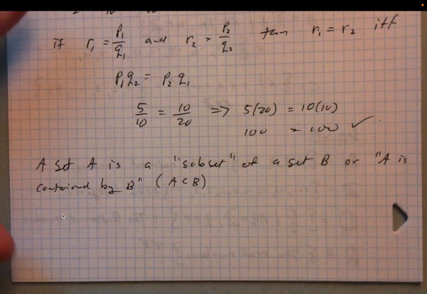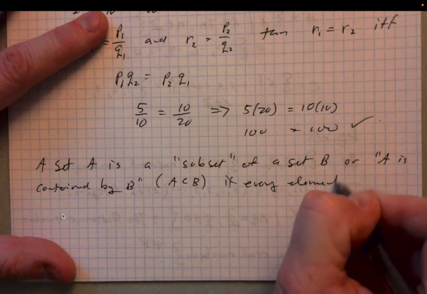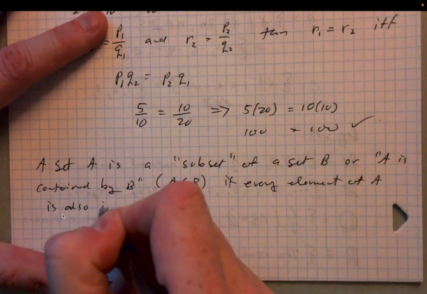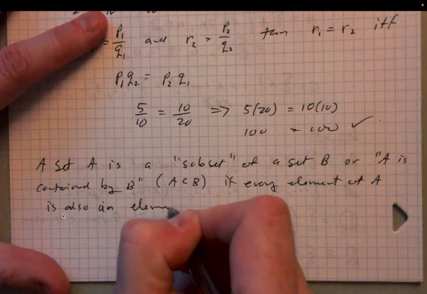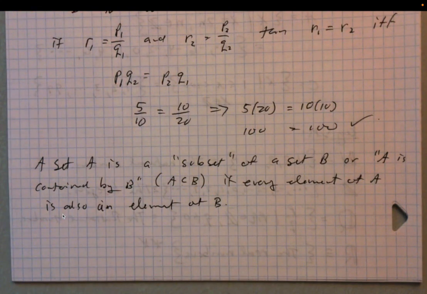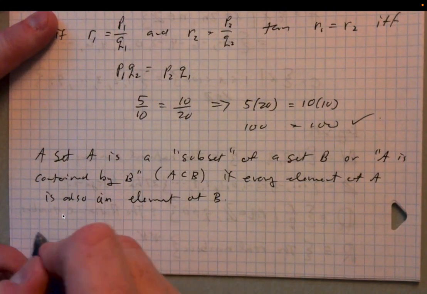A set A is a subset of a set B, or A is contained by B, if every element of A is also an element of B. Okay? That's the concept of a subset. A is a proper subset of B.